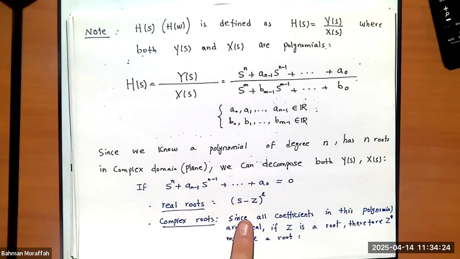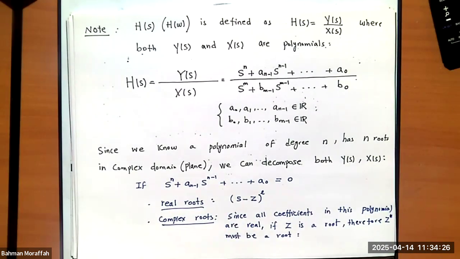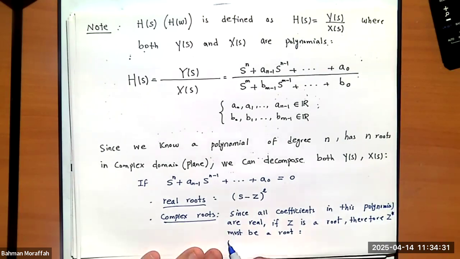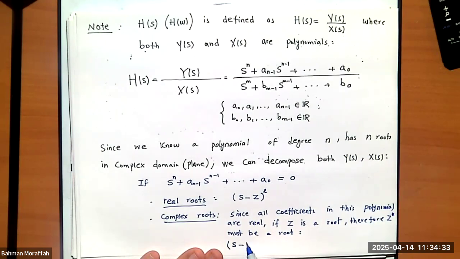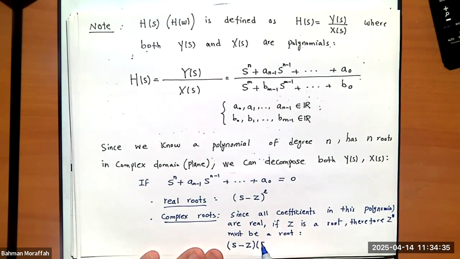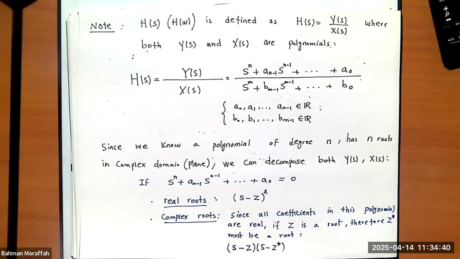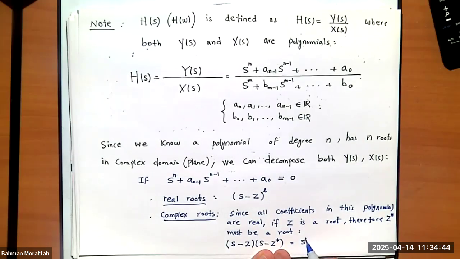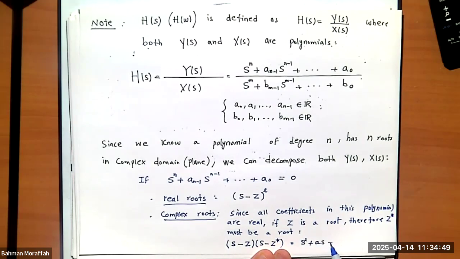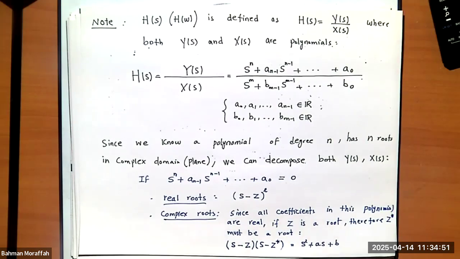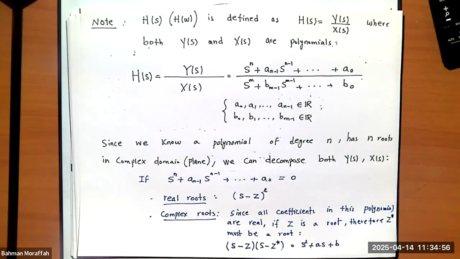So not only do I have terms that are like s minus some real number with some multiplicity, I have some terms that are like s minus z times s minus z conjugate. Write it as some s squared plus some a s plus some b, right? So what do I know then?